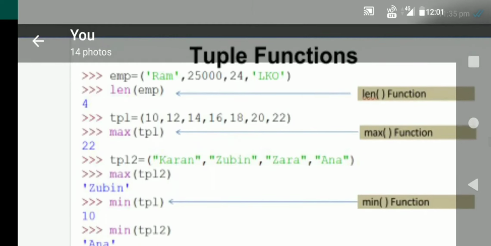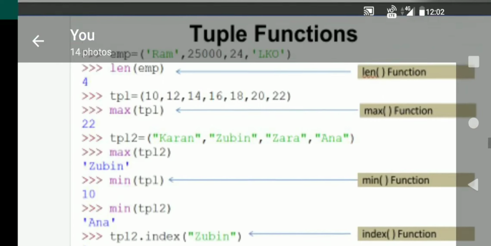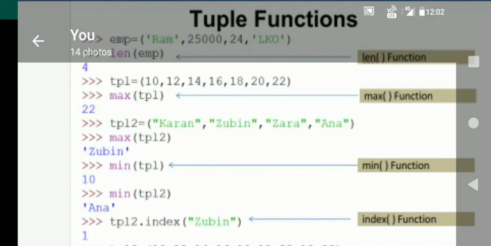Then we have max. The role of max here is to find the maximum value. In the given example the maximum value is 22, as you can see. Now we have another example here. We can get the maximum value in the case of integers, and in the case of characters it will find it on the basis of the alphabet.